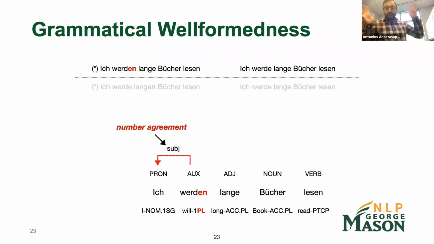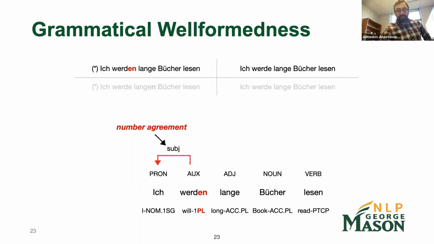Grammatical well-formedness, what is it? It's basically the thing that says that this German sentence here on the left sounds weird to a German native speaker, okay? If you say, ich werden lange Bücher lesen, then the auxiliary verb werden doesn't agree in number with the subject, and a native speaker will complain.